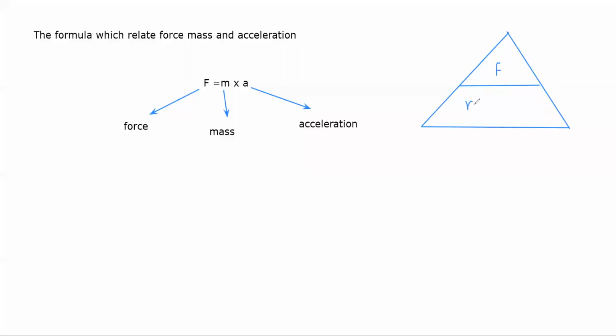So F, M, and A. If we need force, it's mass into acceleration. If we need mass, it's force divided by acceleration. And if we need acceleration, it will be force divided by mass.